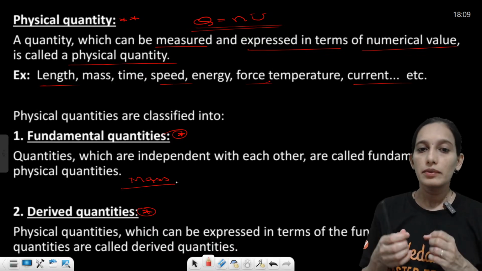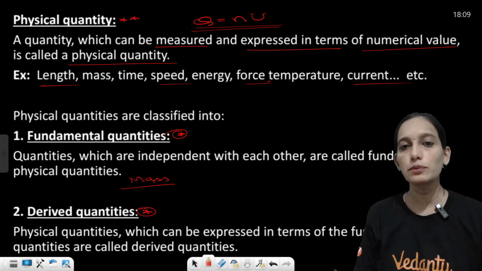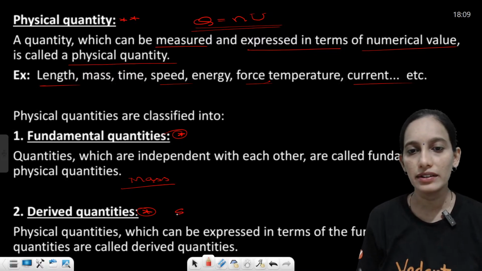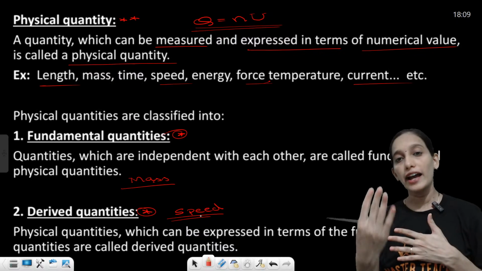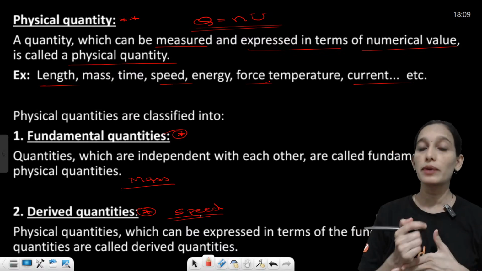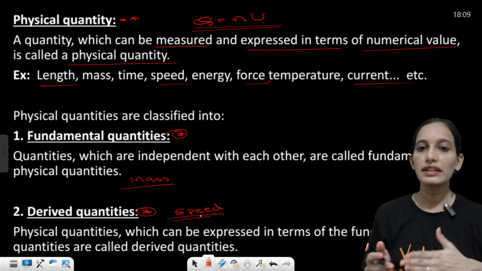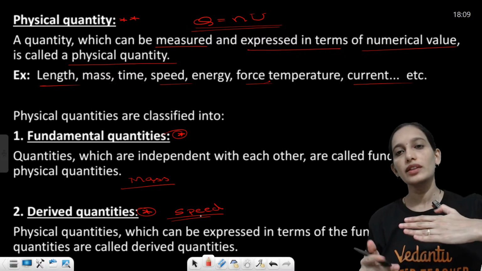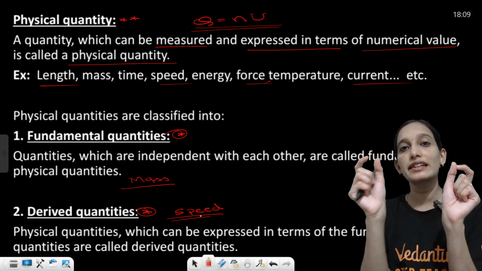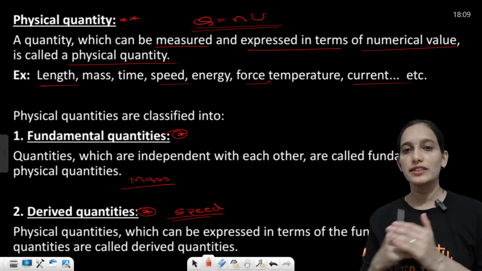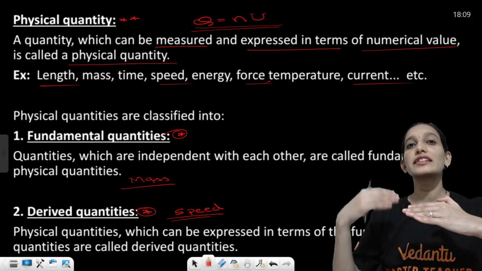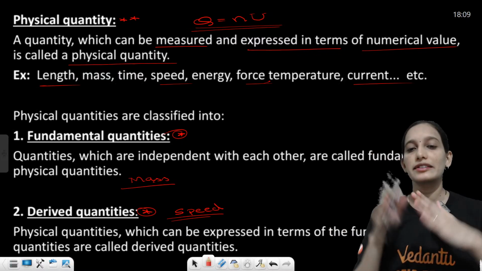But if I come to some quantities like speed, this can be written in terms of other quantities, right? Speed is distance by time, but again, distance is nothing but a physical parameter, which is length, correct?